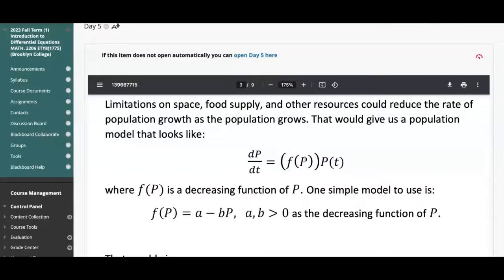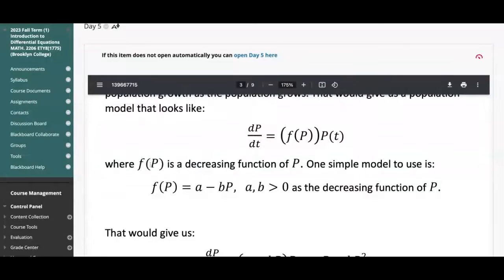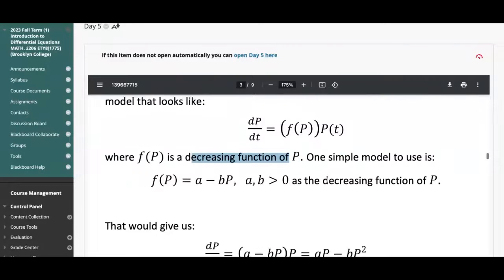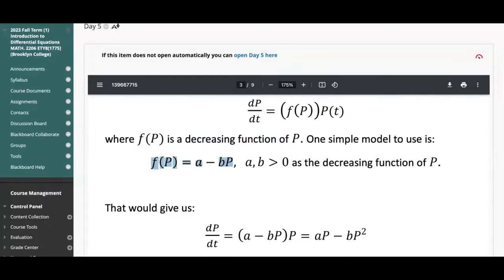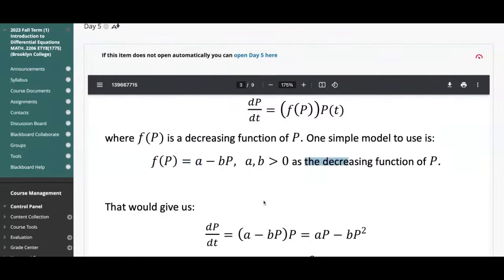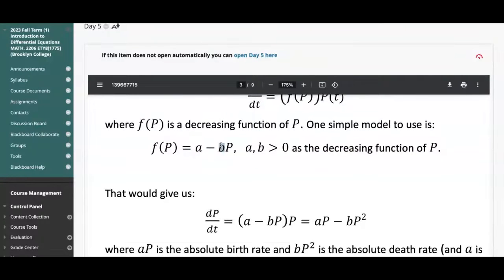So f takes the population function as the input, so composition of functions, and times the population function. Well, f(P) is a decreasing function of P. So one simple model to use is this: f(P) equals a minus b times P. If b is a positive number, negative b is a negative number.